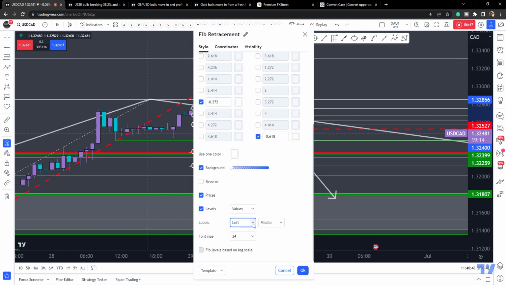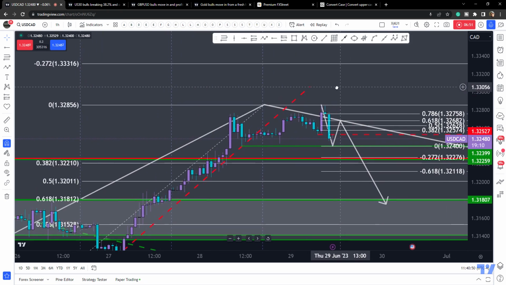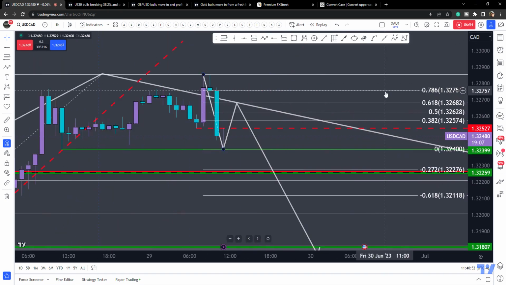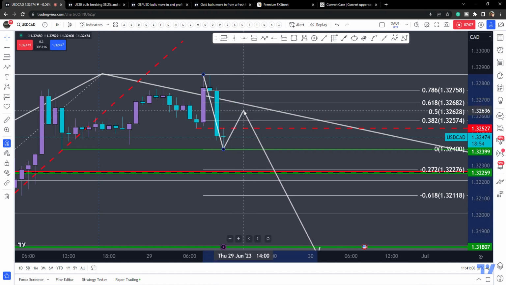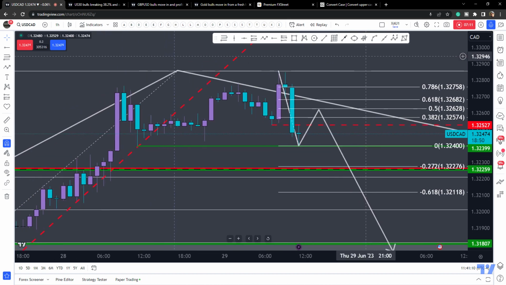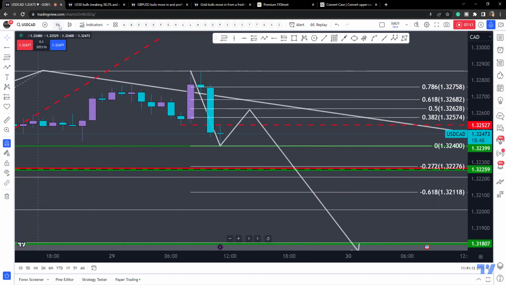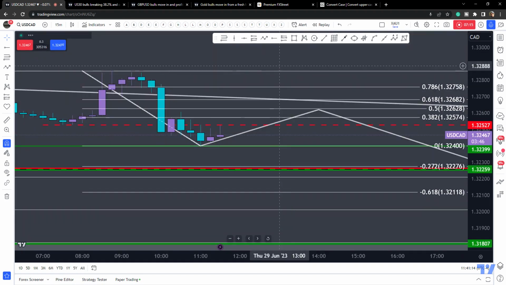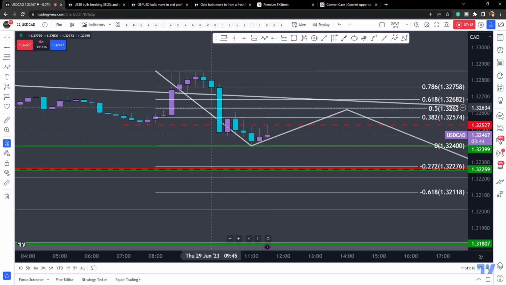The price of dollar CAD, 132.60, 132.57. So let's go into the 15-minute chart and see if we can see any structure.